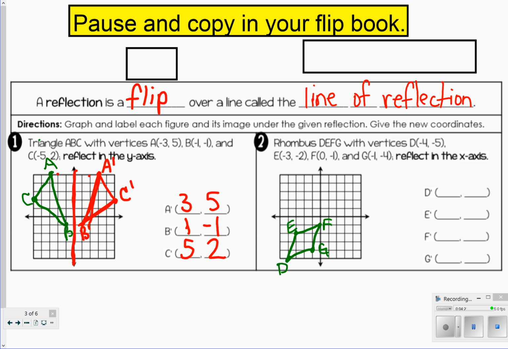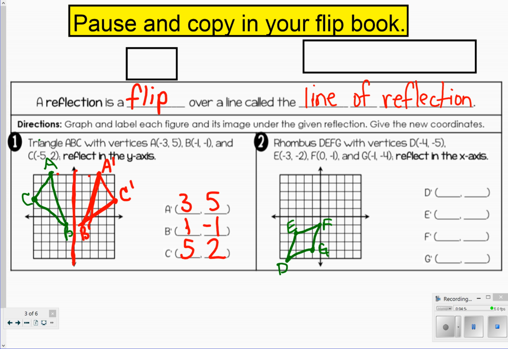All right, so these are the new points for our image. And if you notice, they're the exact same numbers. It's just that the sign of the x value changed since we went over the y-axis. The sign of the x value changed, okay?